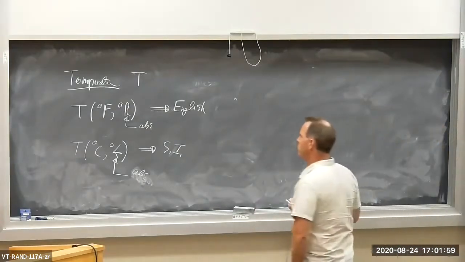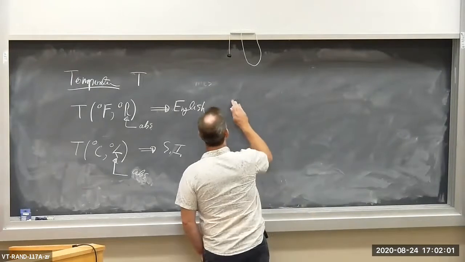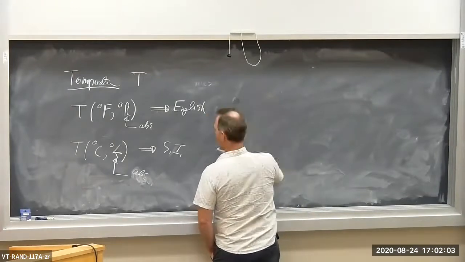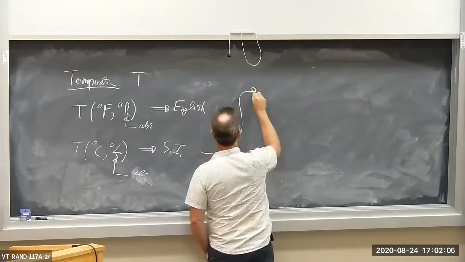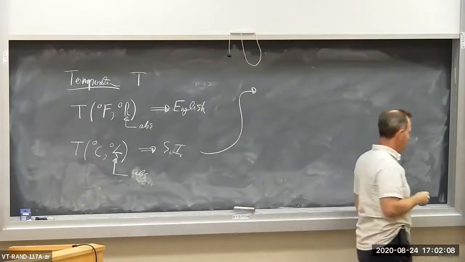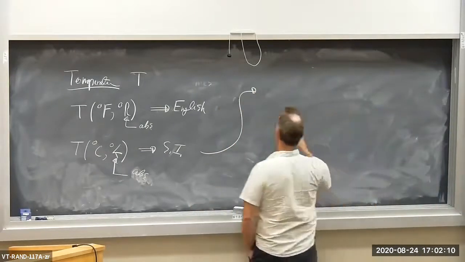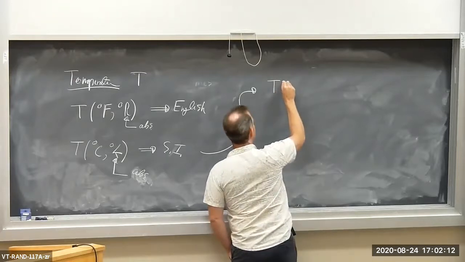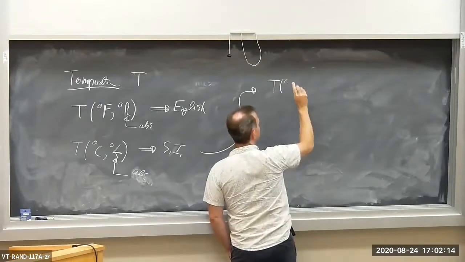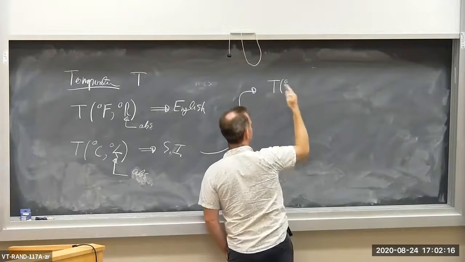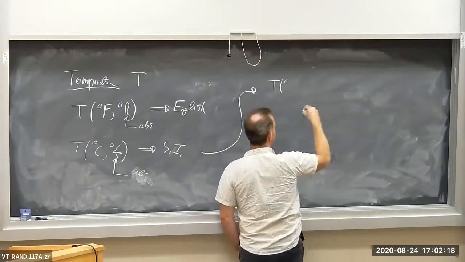How do we convert between the two? Well, I'm going to stick with the SI units mostly. Let's start with conversion between Fahrenheit and centigrade, and then we'll go on to centigrade to Kelvin.